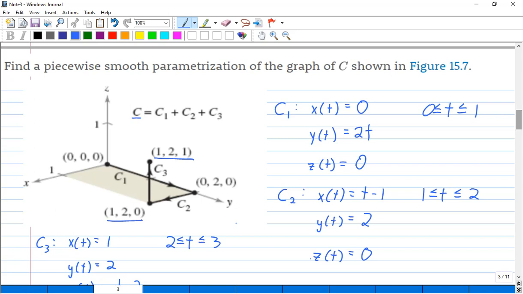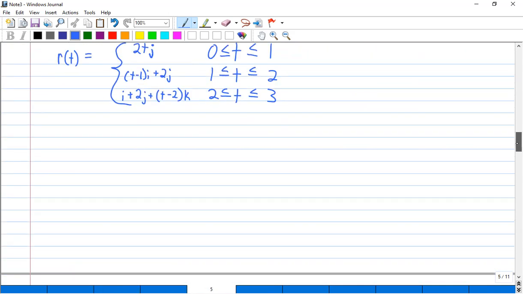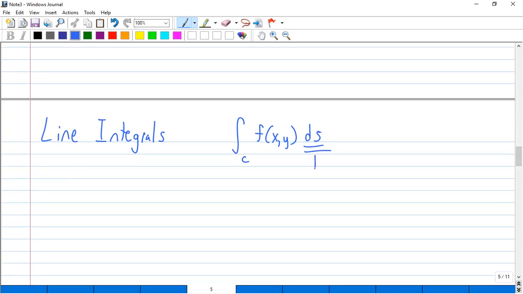So instead of moving along the x-axis, like dx, or the y-axis, dy, like going left to right or up and down, instead we're moving along the curve C. Now the curve may be on the x, the y, the z, wherever, but we're moving along the curve.